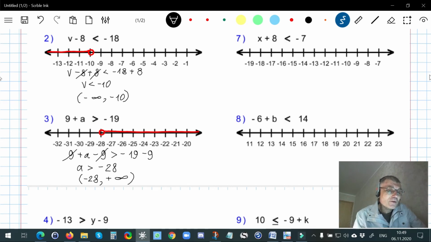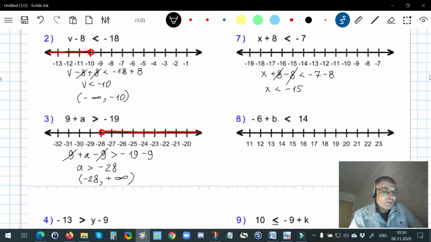To do that, we subtract 8 from both sides of the inequality given. X plus 8 minus 8, here we go. Negative 7 and minus 8 again. We cancel 8 on the left. And here we get already set building notation. Negative 7 plus negative 8, it's negative 15.